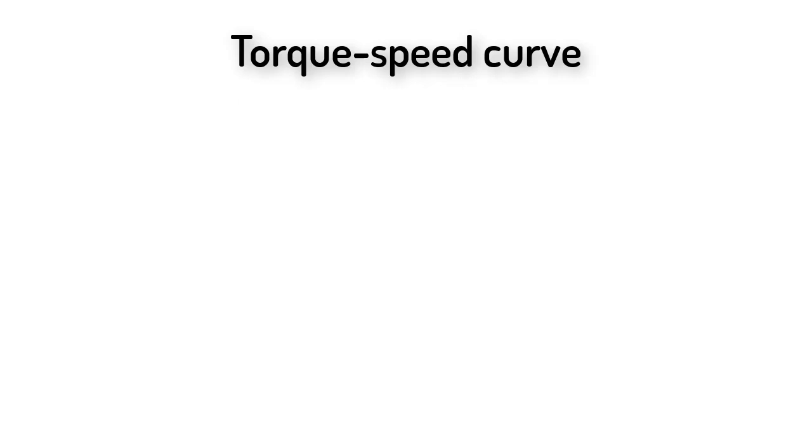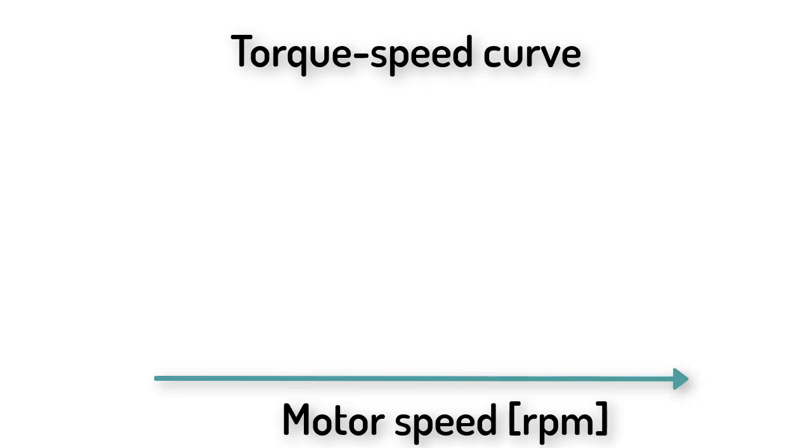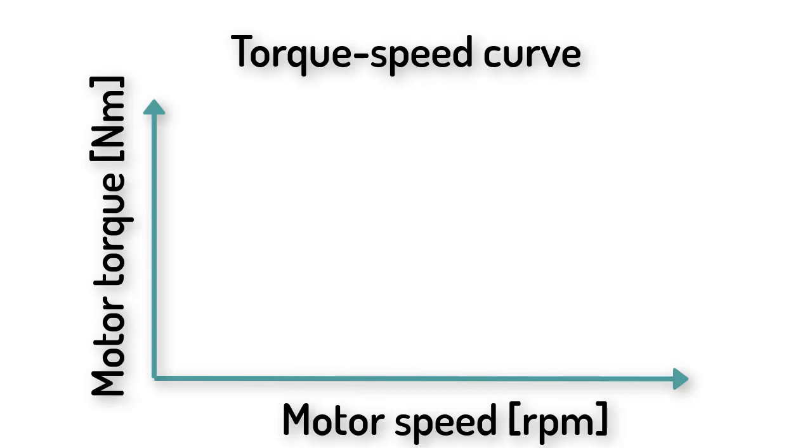In a torque speed curve, I make the x-axis be the speed of the motor in units like RPM, and I make the y-axis be the torque that the motor is exerting. The units of torque will be something like Newton meters in SI units or ounce inches in English units.